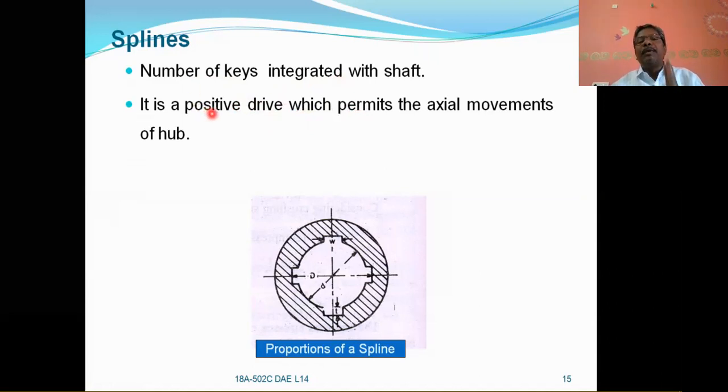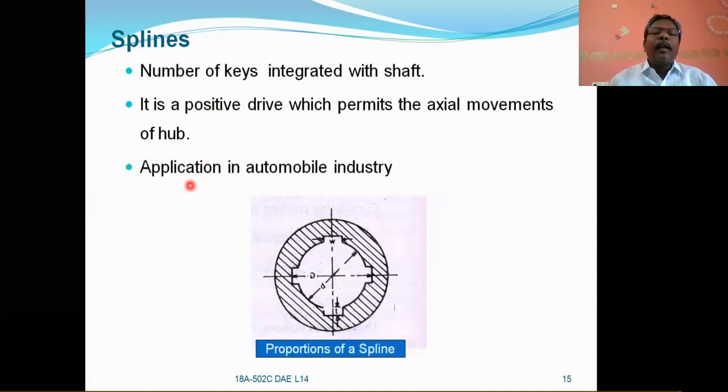Positive drive means no power loss during the transmission of power from one place to the other. That's why it is called a positive drive. And the spline shaft provides axial movement for the hub. That is the advantage, and it is applicable especially in the automobile industry.